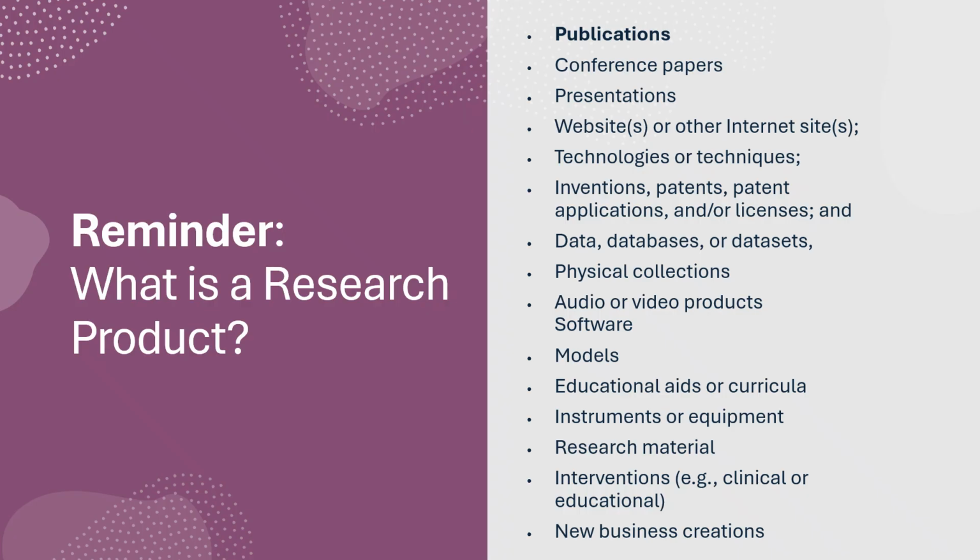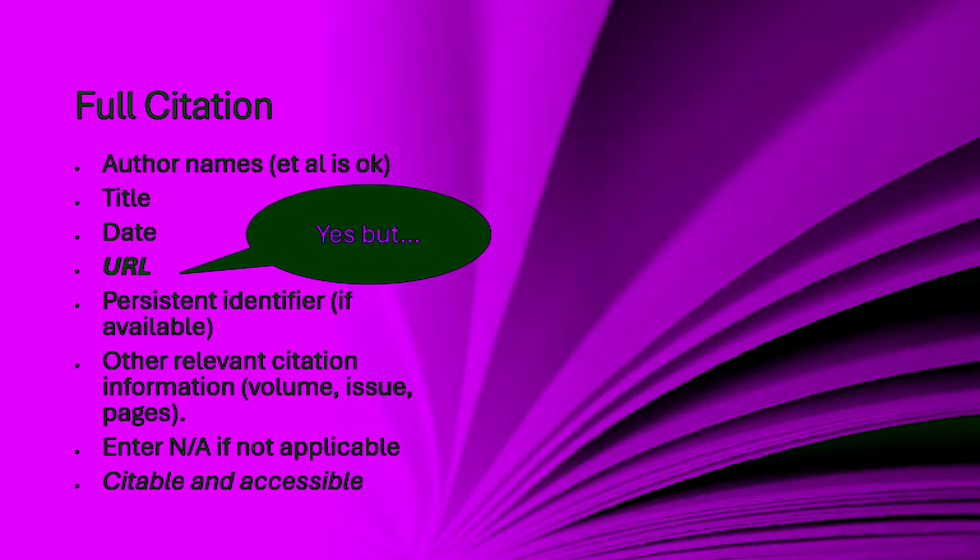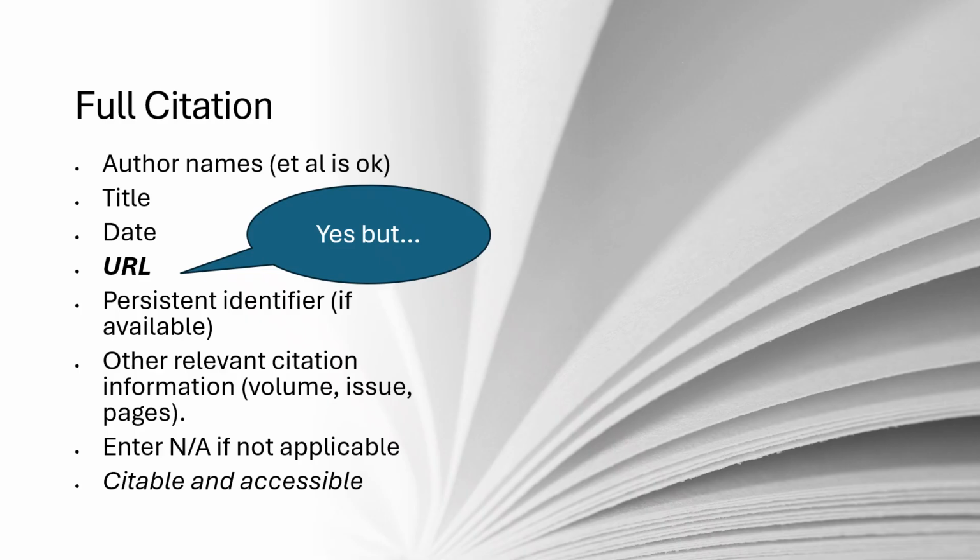Regardless of whichever type of product you wish to cite, you are required to include the full citation. So what that means is all of the authors' names, the title, date, etc. The guidelines in Science CV say that the URL is required for a full citation.